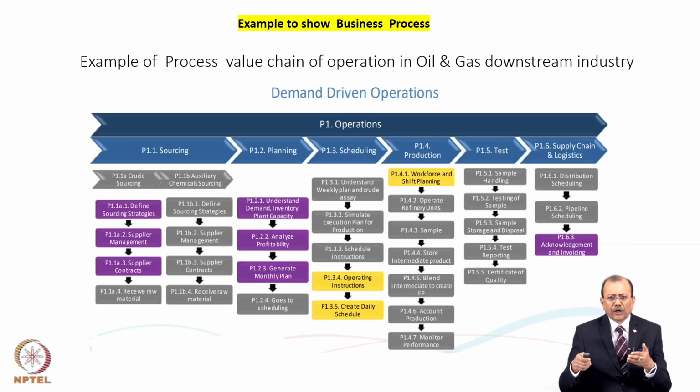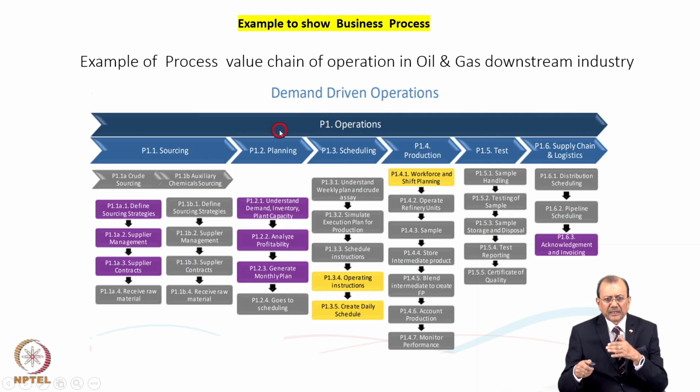I have brought this process diagram from my own experience when I was serving the oil and gas downstream industry and giving consultancy to Tata Consultancy Services, where, before we suggest a solution, we want to make solutions for the operation and manufacturing part of the company.